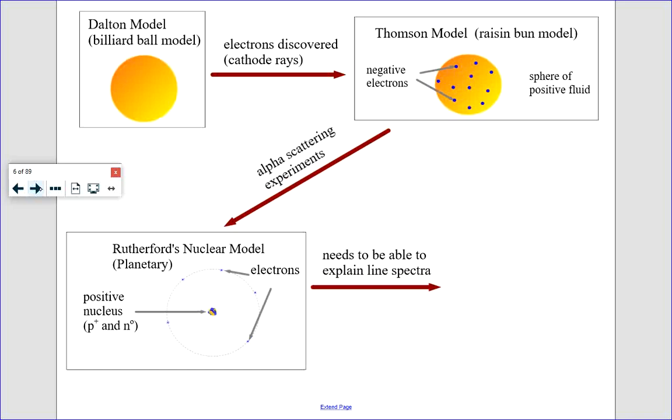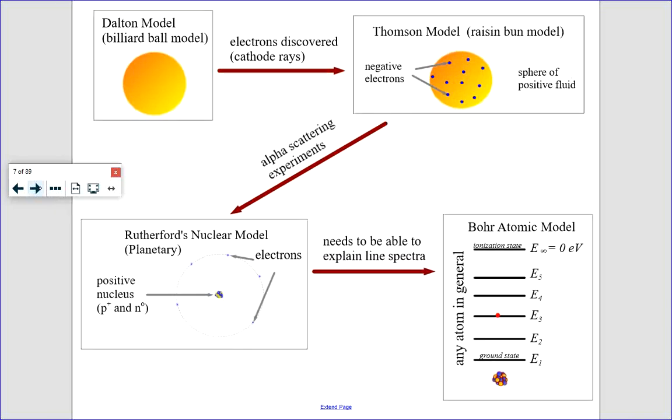But that model of the atom needs to be able to explain line spectra. And in order to come to the rescue there, Bohr's atomic model is what's necessary, where you have electrons going from one energy level to a different energy level, and the difference in the energies of the electron are equal to the energies of the photons that are either emitted or absorbed.